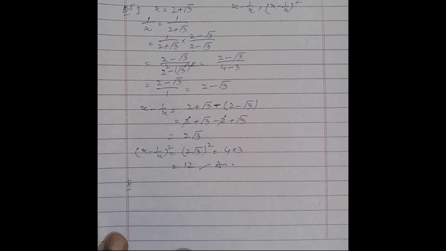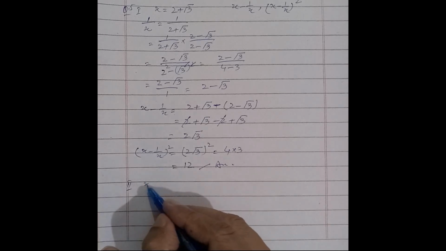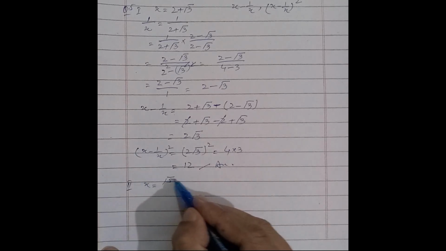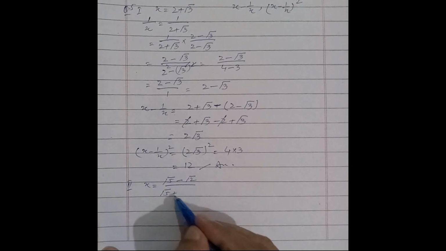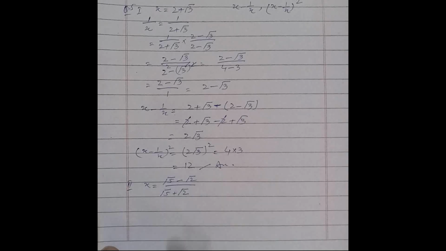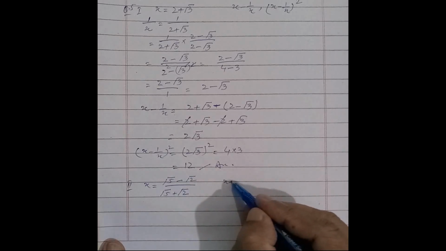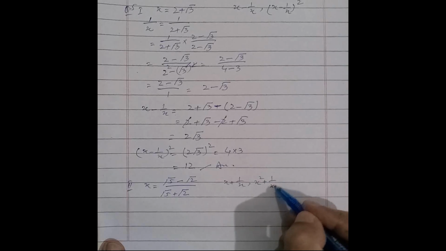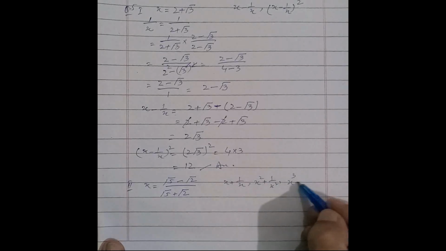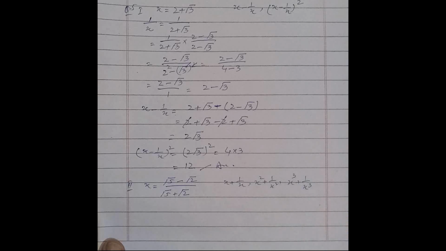And the second part of question 5 is we have x is equal to square root 5 minus square root 2 over square root 5 plus square root 2. In this question, we find the values of x plus 1 over x, x square plus 1 over x square, x cube plus 1 over x cube.